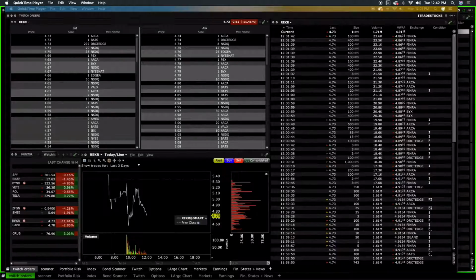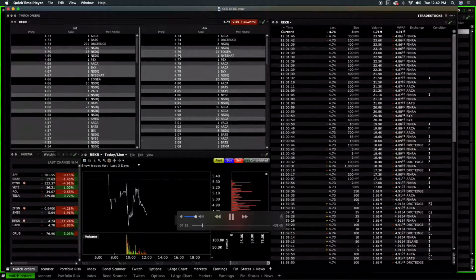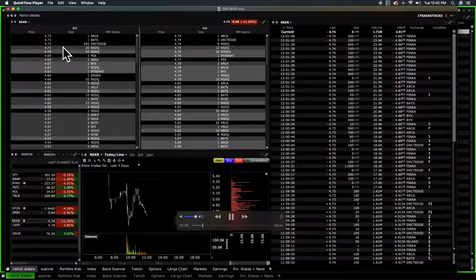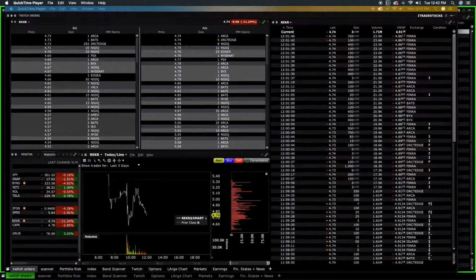Now, if you're watching this, you don't know if this is a short seller or someone covering a short position, right? So it's something you have to take into consideration and figure out by watching the level 2 over time. You want to see who the big players are and if they're making money or losing money.